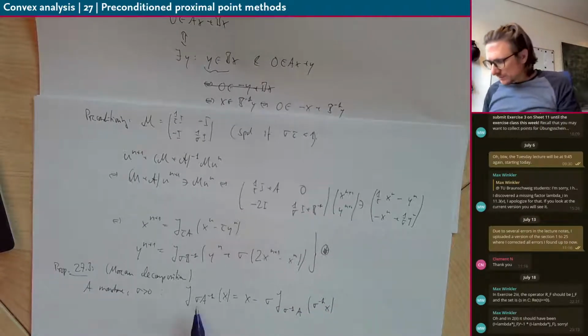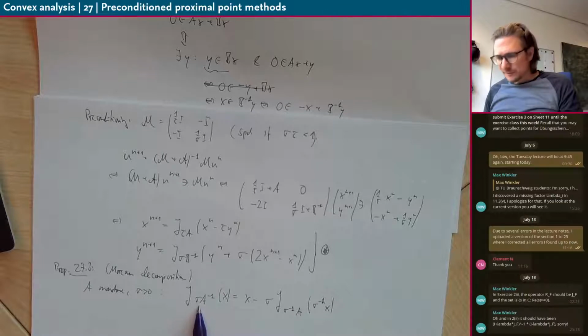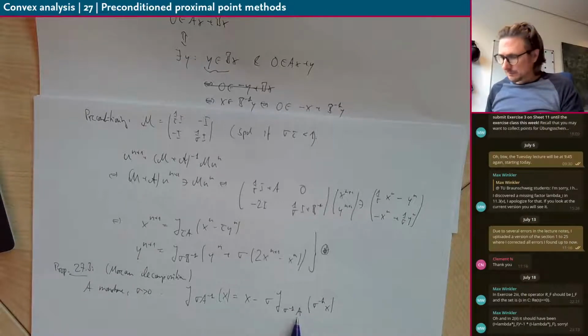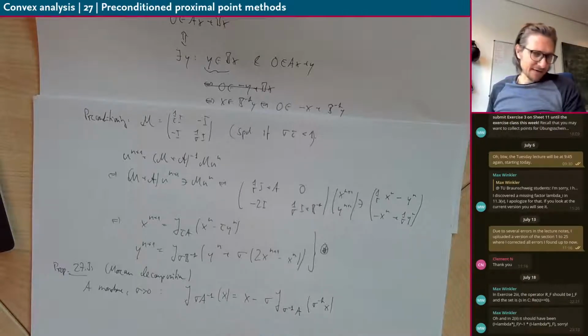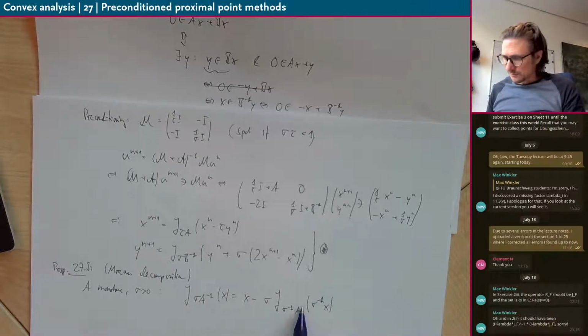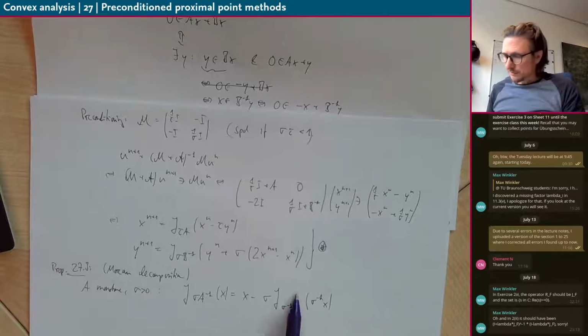So this shows that to apply the resolvent of A to the minus 1, you only need to be able to apply the resolvent of A, because all the other operations here are very simple. You have to divide x by sigma, then apply the resolvent of A, multiply by sigma, and subtract from x. So that's all straightforward to do as soon as you know what to make of this operator here.